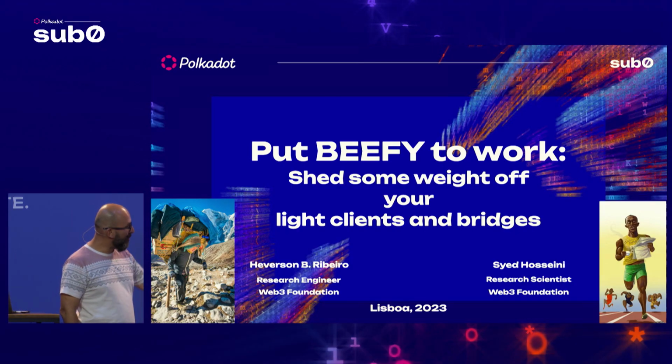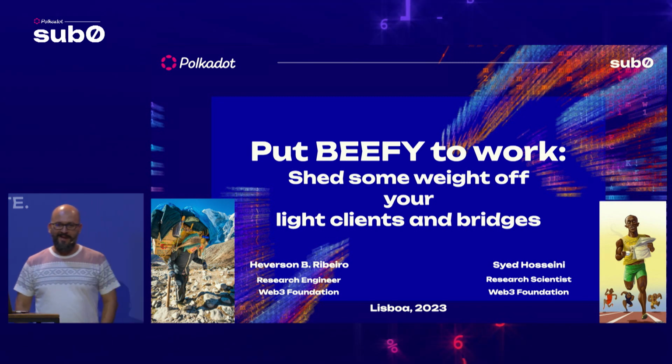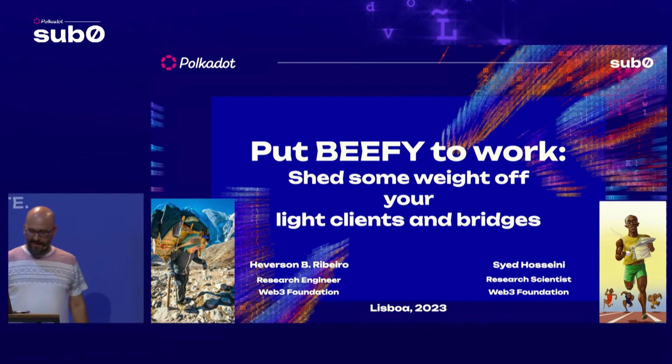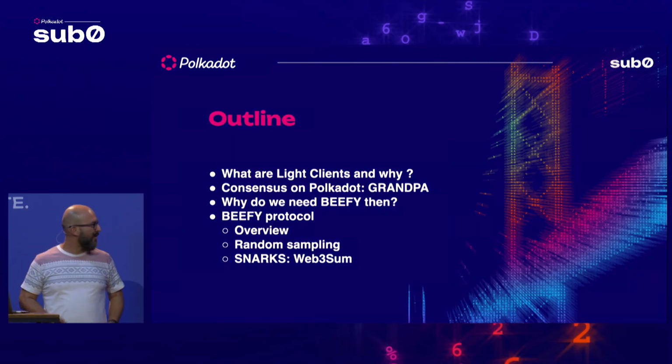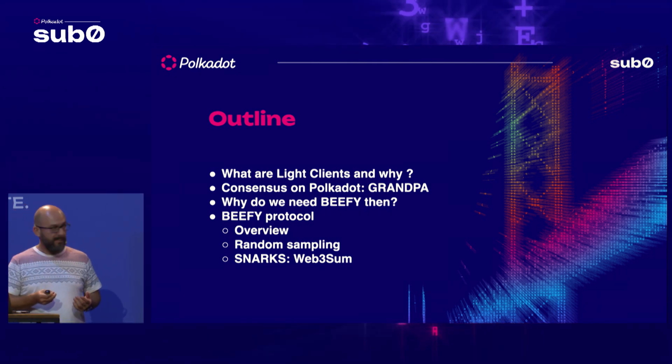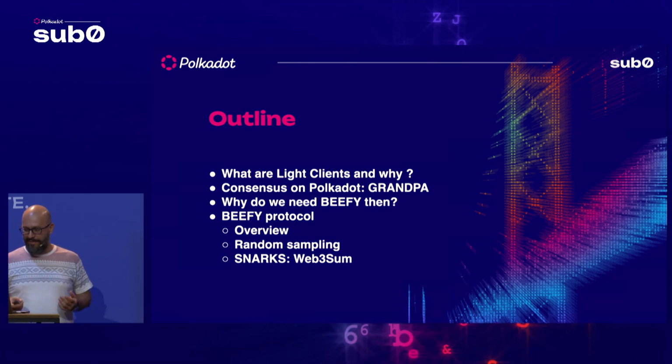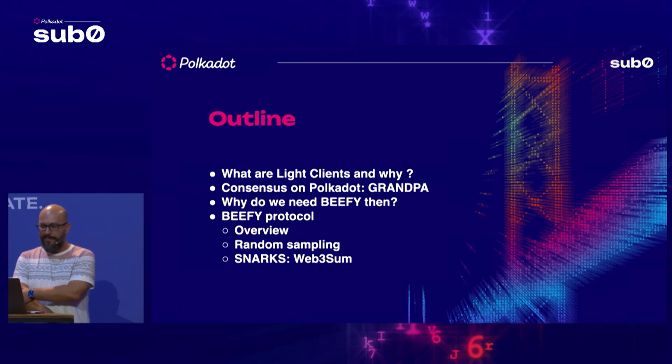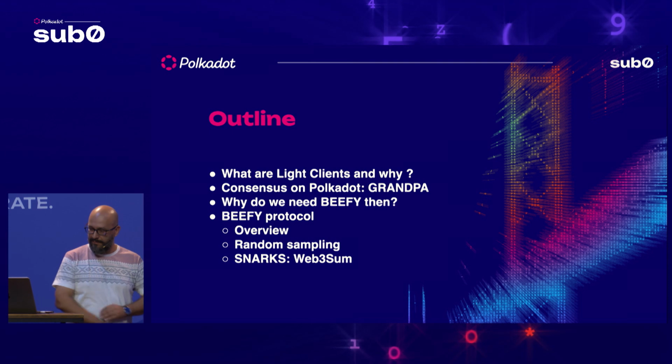So if you ever thought about turning your light client from loaded Himalayan Sherpa into a Usain Bolt-like client, we hope that this talk is going to give you a glimpse of the path to achieving that, right?